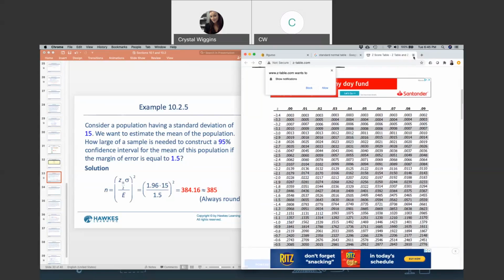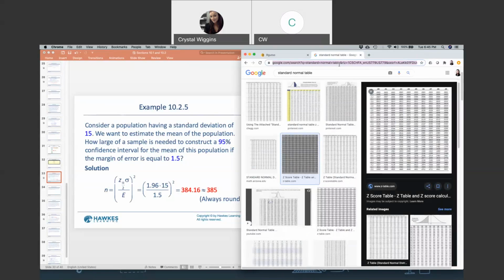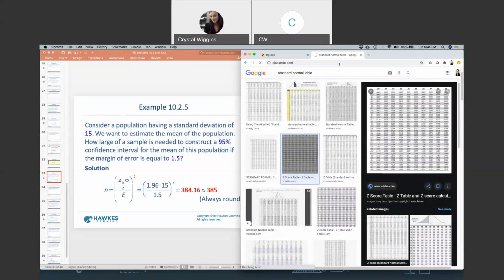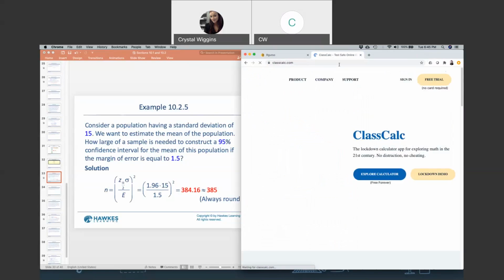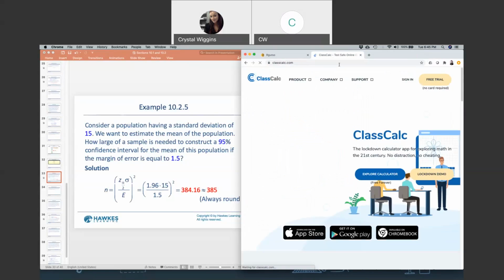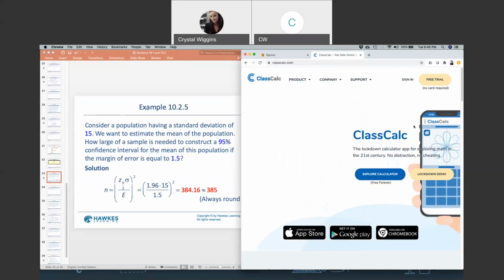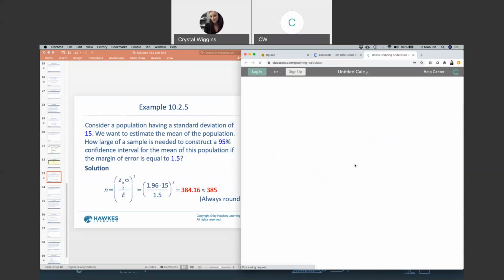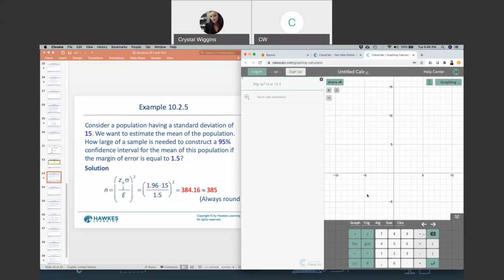Let's go to classcalc.com, which is a free calculator. Yes, this can be done in your TI calculator as well using inverse norm. You can look that up if you're more interested in that. We need to explore the calculator, and this would be under the graphing calculator. So this is classcalc.com, and you could just explore the graphing calculator, come down here and select stats.